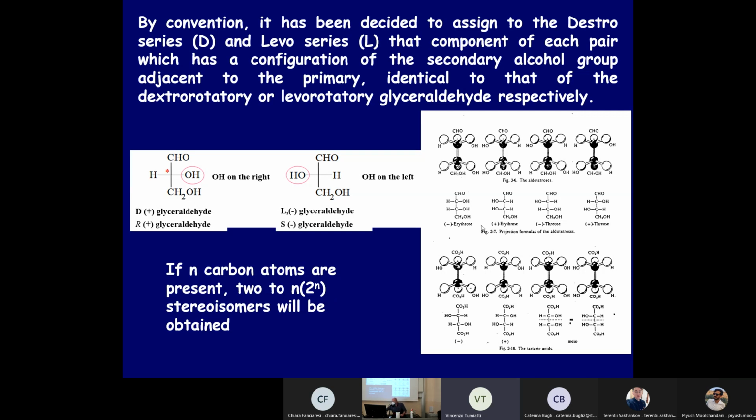In this case, you see you have 2 asymmetric carbon atoms, so you have 4 stereoisomers. 2 and 2 are enantiomers.